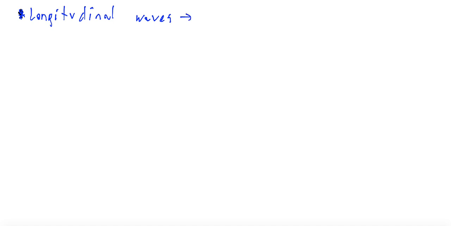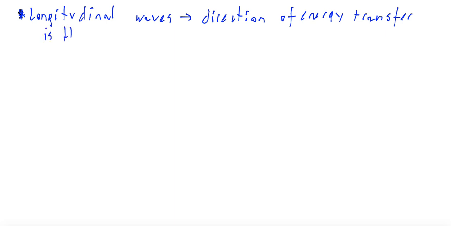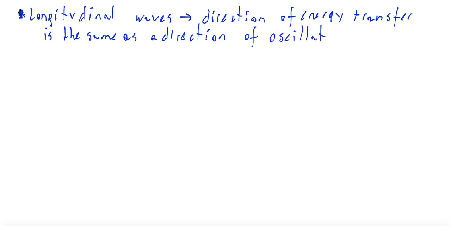If you have a wave where the direction of energy transfer is the same as the direction of oscillation, then we have a longitudinal wave. Let's imagine something like this.